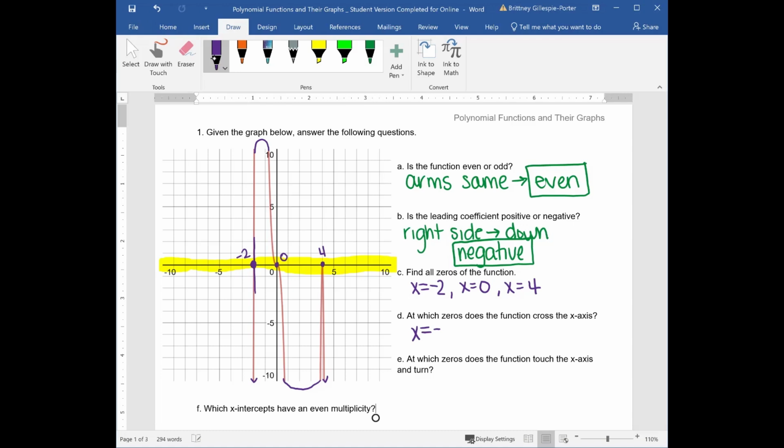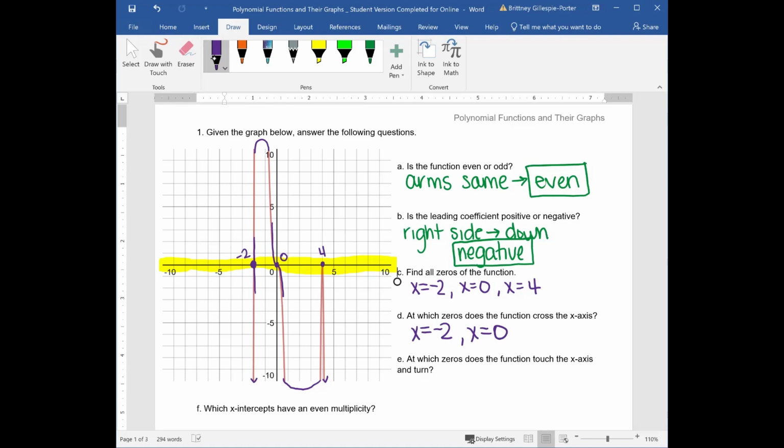So at x equal to -2, the function does cross. At x equal to 0, working from left to right, our function comes in, kind of flattens out a little bit, but then it does cross, which means that x equals 0 is a 0 where the function crosses. And we know it crosses because it goes from above the x-axis to below.